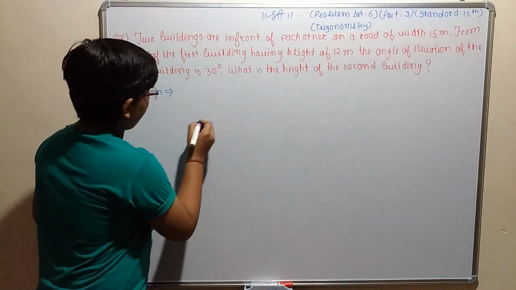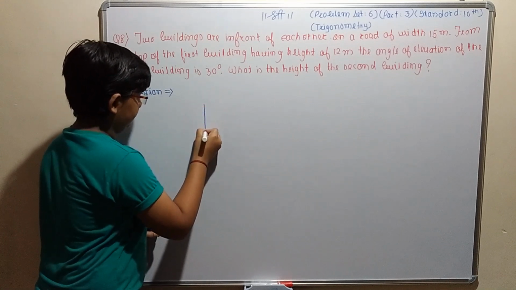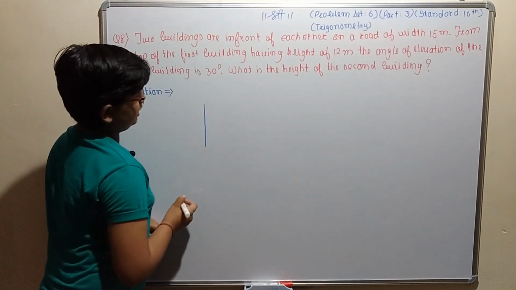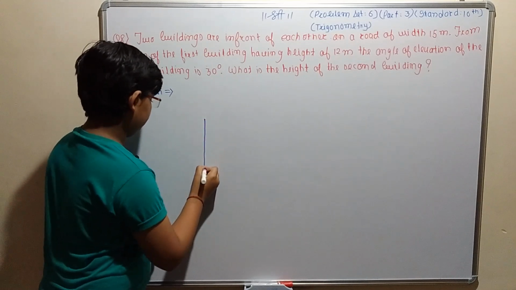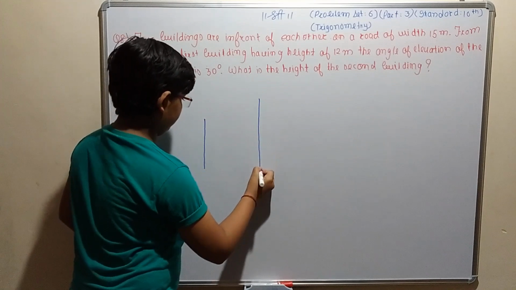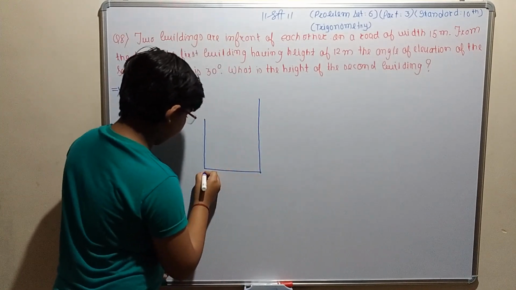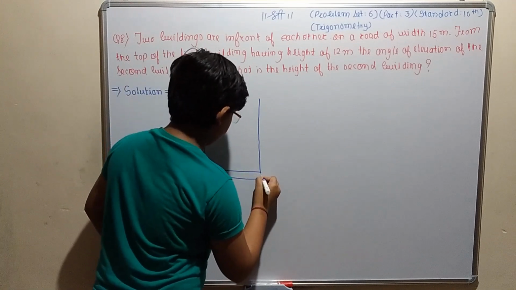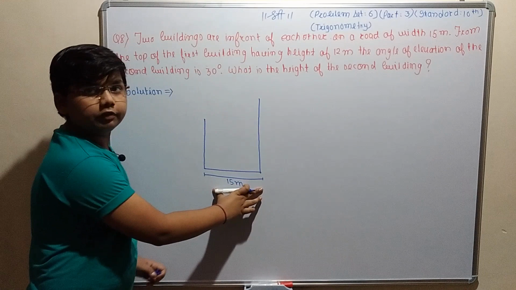Now we will draw it. Consider that this is the first building. This is the first building. And this is the second building, with the road of width 15 meters. 15 meters is the length of the road.